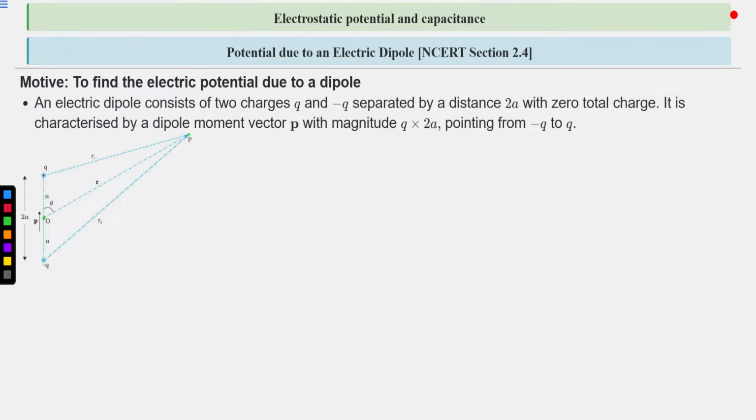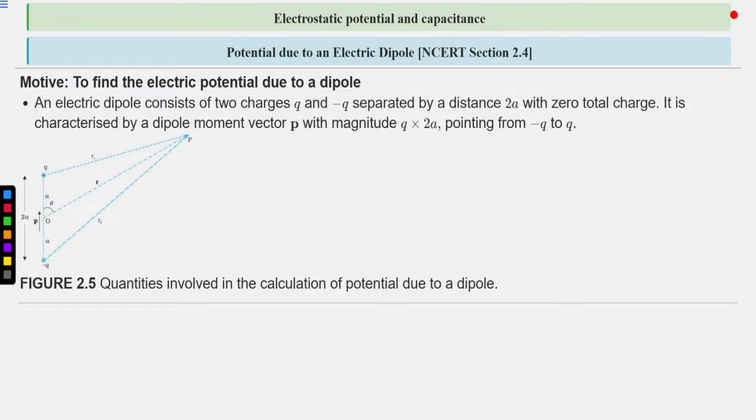And this is the 2a, that is distance between these two charges. And this is the angle between the dipole moment vector and the position vector, theta. This is figure 2.5, quantities involved in the calculation of potential due to dipole.